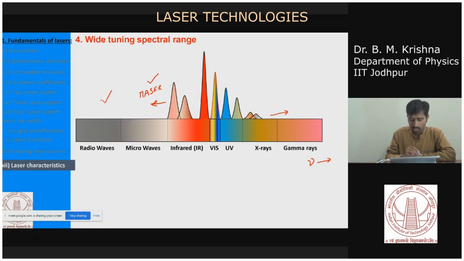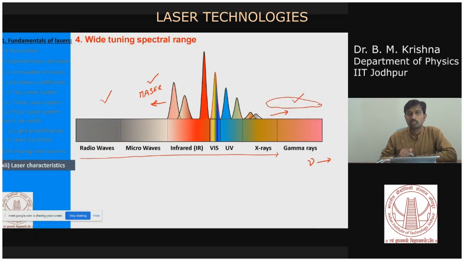Okay, so that covers almost, we are completing the electromagnetic spectrum. Still there is a spectral range not covered in this region. Most probably in the coming years we will cover this spectral range. Okay, so that finishes the tuning range of laser systems.